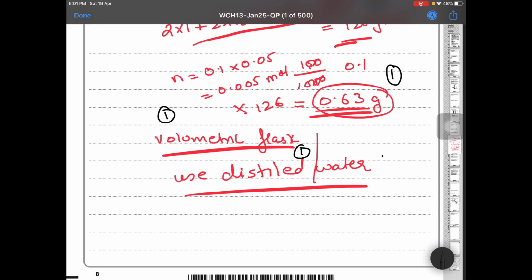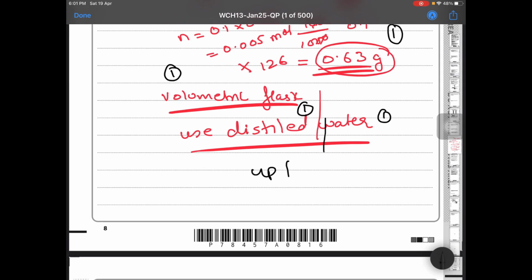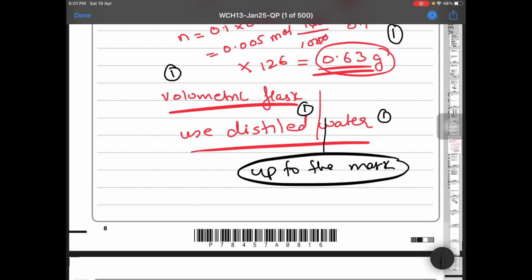That will give you one more mark. And the last, you have to fill up the water up to the mark of 100 centimeter cube and mix. So you have your 6 marks, 6 points.